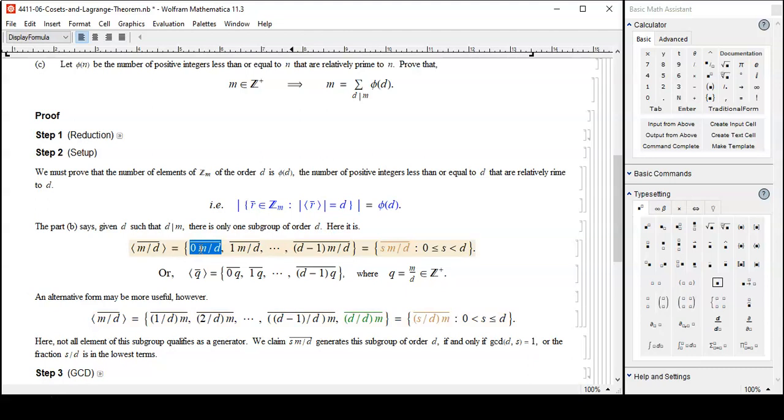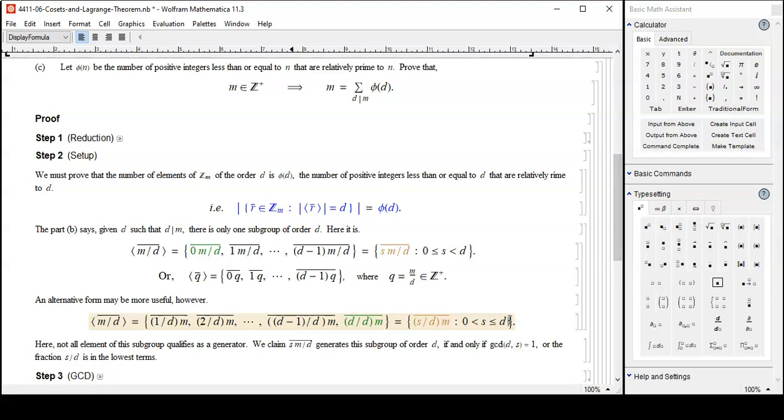And 0 generates just itself, so the order is 1, and 1 divides d, and that's okay. And if there are some other fractions that do not generate the entire subgroup here of order d, they'll generate a subgroup that has order less than d, but it has to be a divisor of d because of Lagrange's theorem, you see.